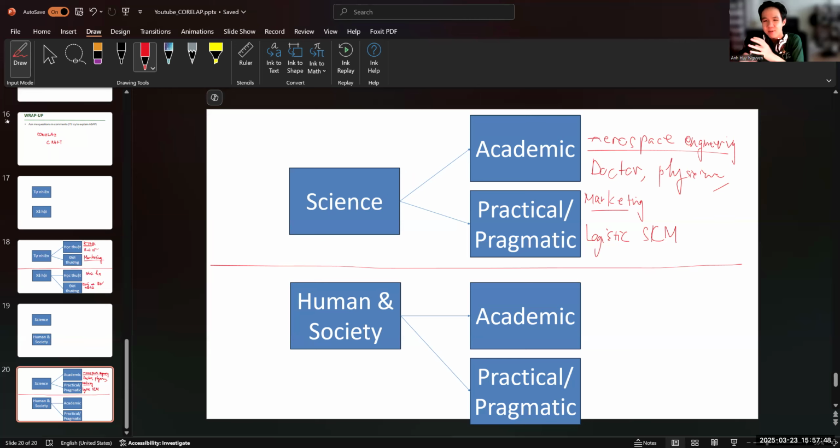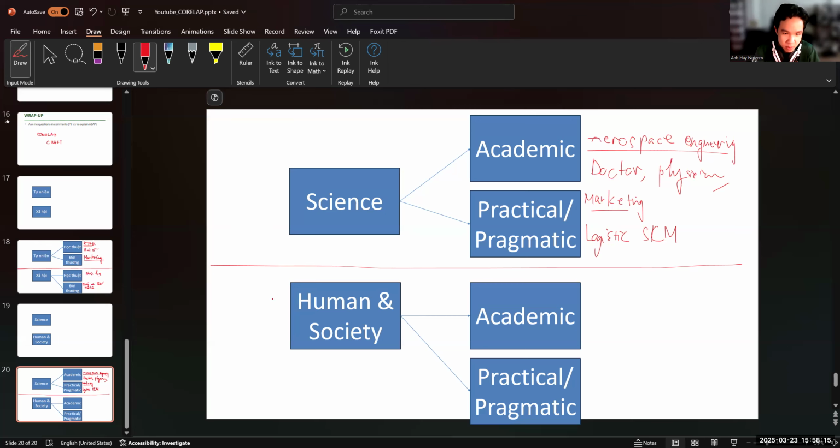It's about how chemicals react in your body, what is the mechanism of some antibiotics or your organs. Those knowledge you don't use very often in your daily life. So it is very technical, far from your daily life. So I'll put doctors, physicians, and these things into science and academics.